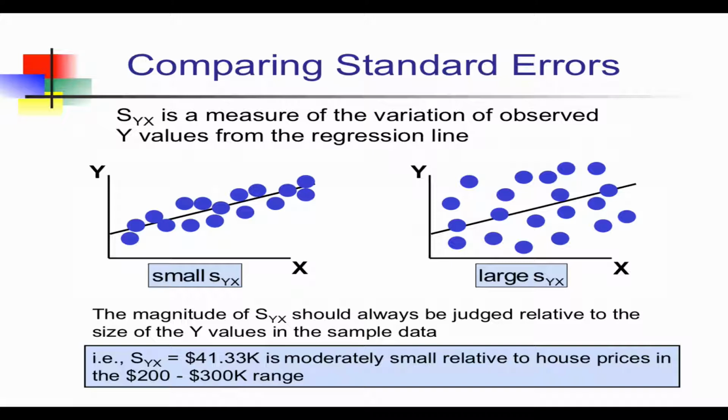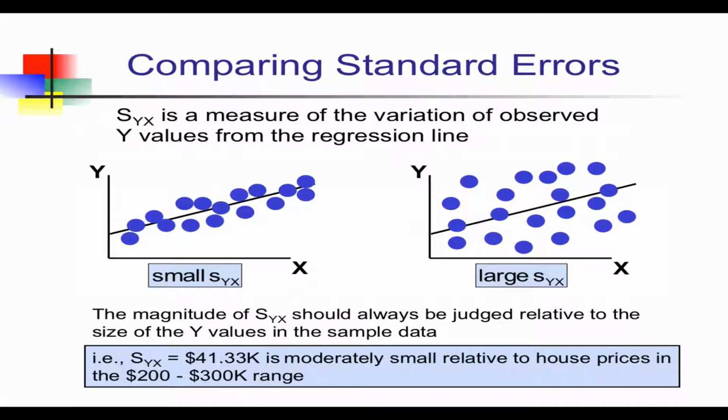This can also be understood from the sum of squared residuals. If it is small, that means all these observations are very tightly clustered around this fitted line.